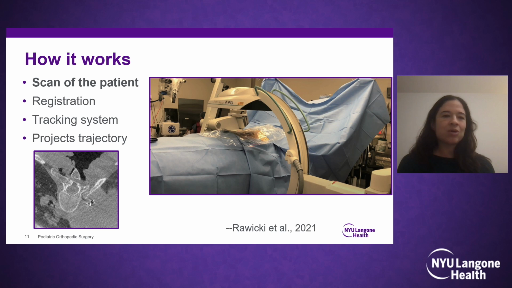You can capture about probably 4 to 6 levels at a time. And that's going to depend on the size of the patient and obviously the location in the spine, right? The lumbar vertebrae are going to be bigger than the thoracic. So this may mean that in some cases you have to take multiple scans to cover the entire scoliosis surgical field.